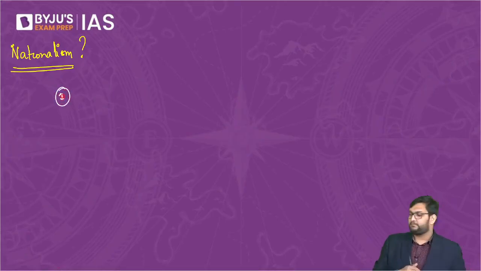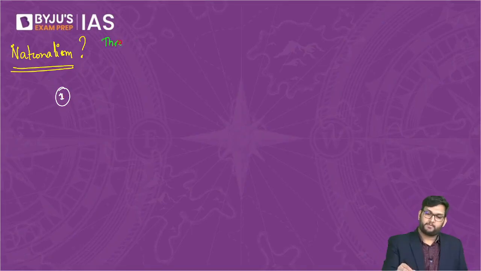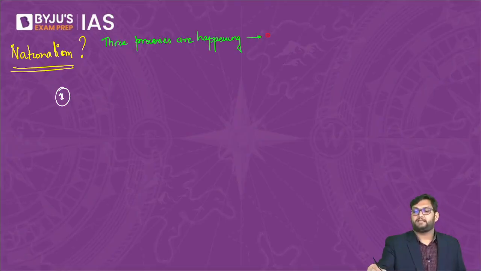So how do you define nationalism for the purpose of the examination? There are three things which basically make, if these three things are happening, we believe that nationalism is rising. So if these three processes are happening, we believe that nationalism is rising.